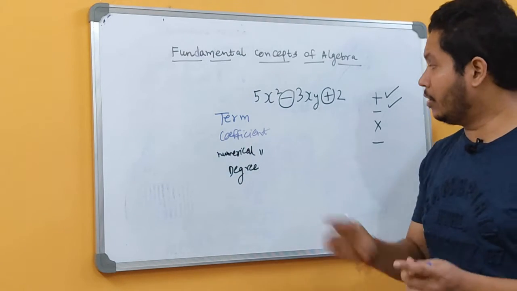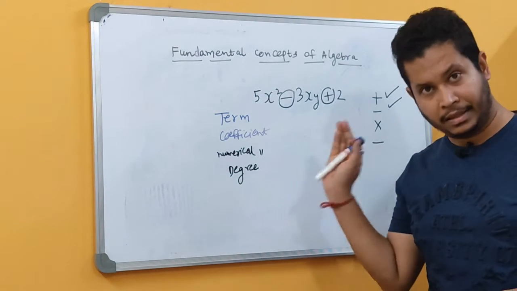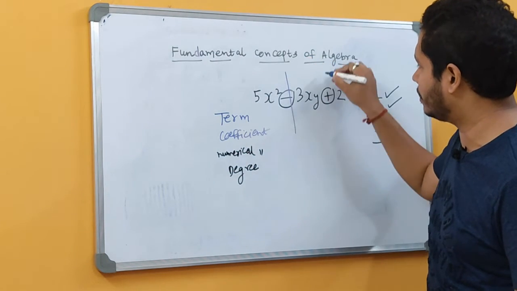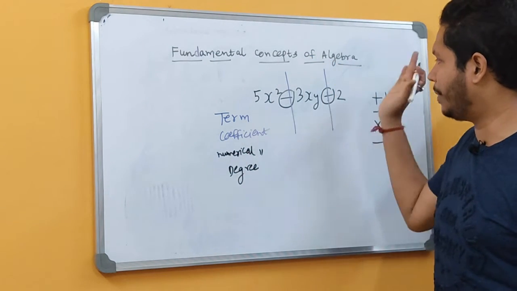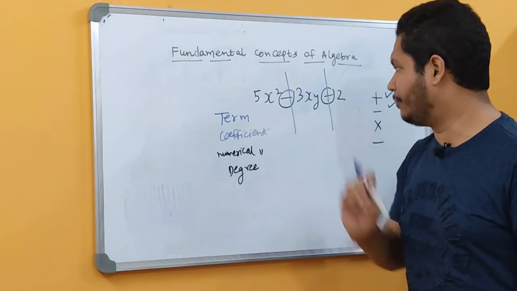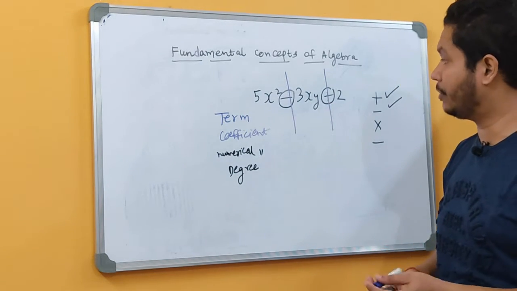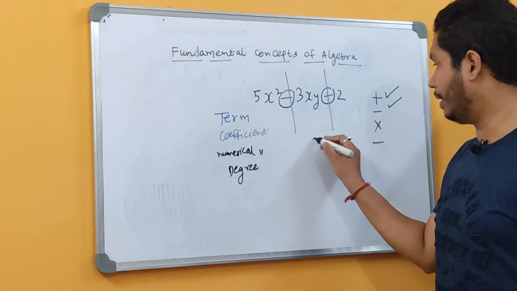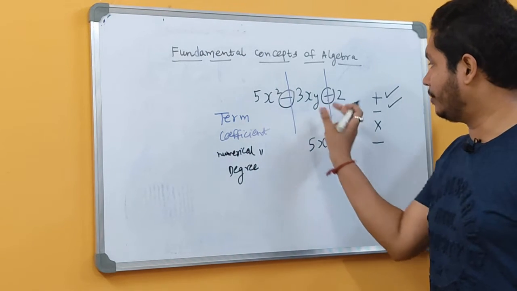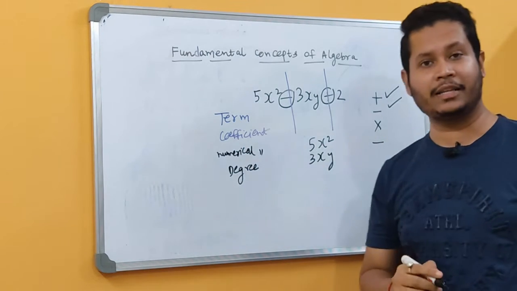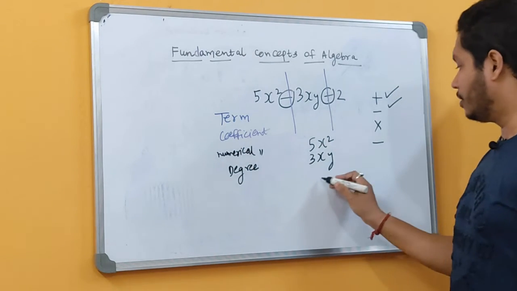These two operators divide the entire expression into three parts. The first part is 5x square, the second part is 3xy, and the third part is 2.